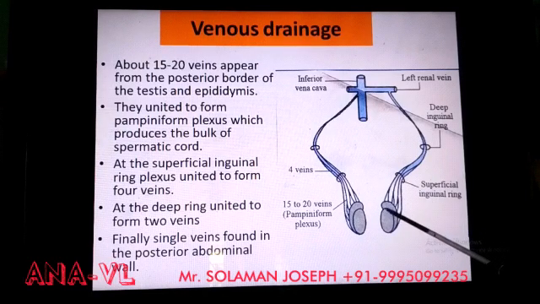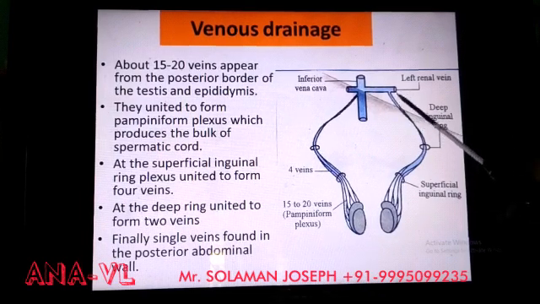At the superficial inguinal ring, they unite to form only 4 veins. Then at the deep inguinal ring, they form only 2 veins. Finally, they unite to form a single vein at the posterior abdominal wall.